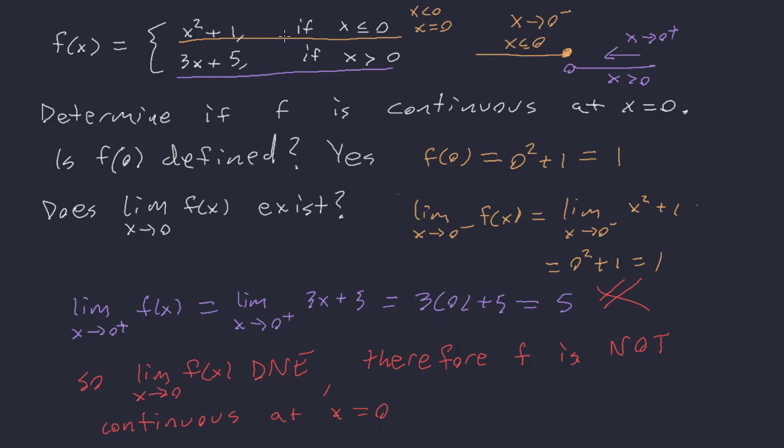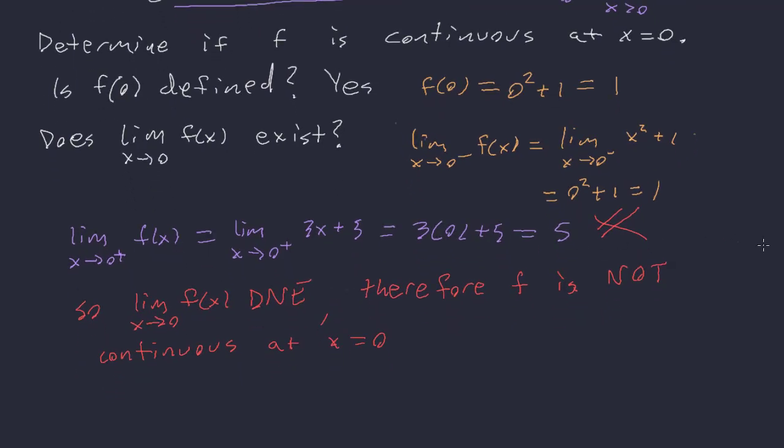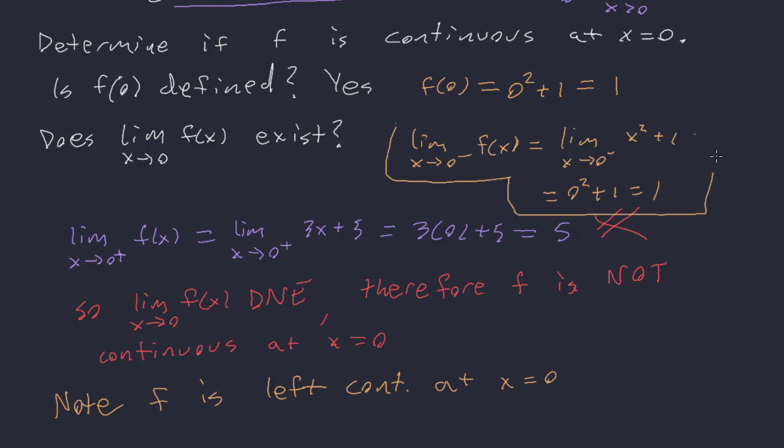However, we can say that f is left continuous at 0, right? Because from the left, the limit and the function value match. Okay, so we are left continuous. But since we're not both left and right continuous, we're not totally continuous at 0.